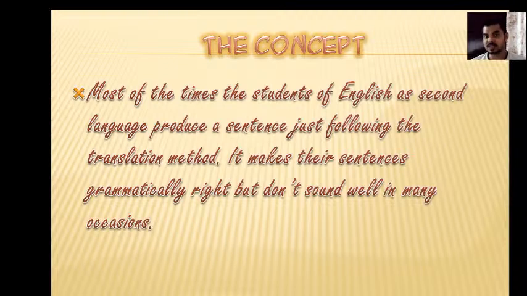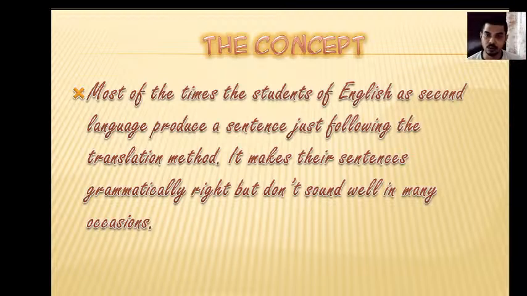For we produce a sentence not for the grammar, but for what? We produce a sentence purely for communication. Yes. So communication is the most important factor. When you produce a sentence, you must remember that your communication must be successful. Without a successful communication, it's very difficult for you to produce a perfect sentence.